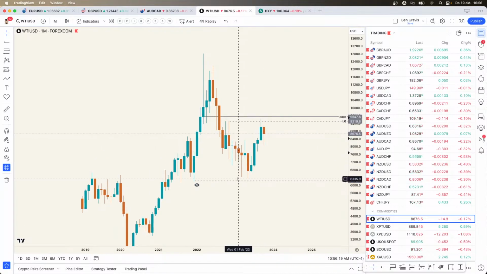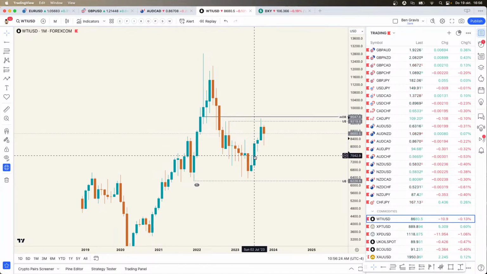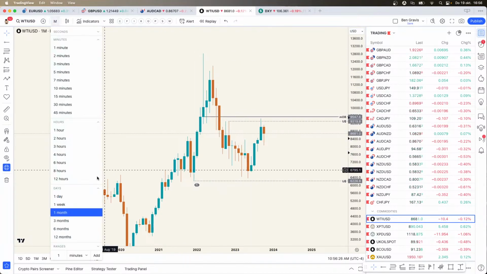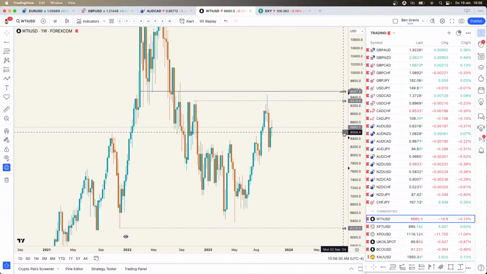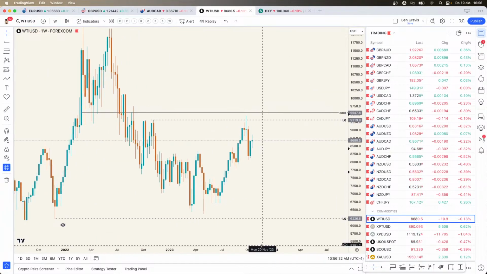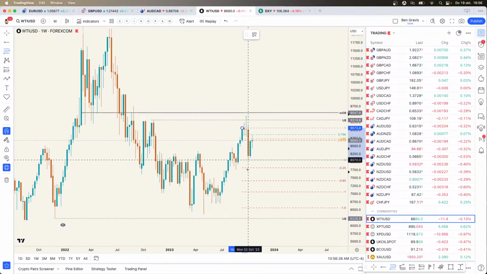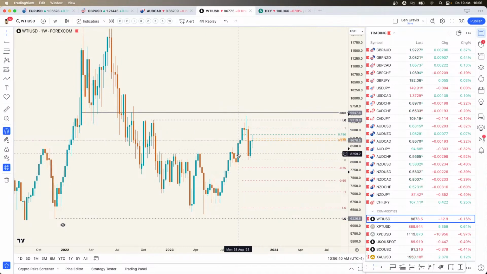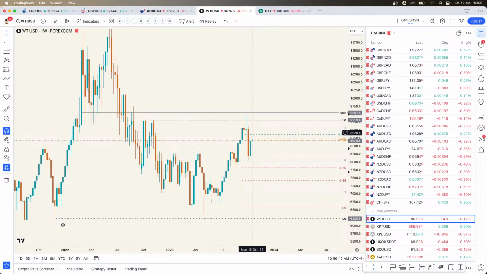This was quite powerful to the upside, but as you can see there, I don't think that there is a lot of support there. So my potential setup here is the left shoulder, the right shoulder, also here left shoulder, and then the move down.